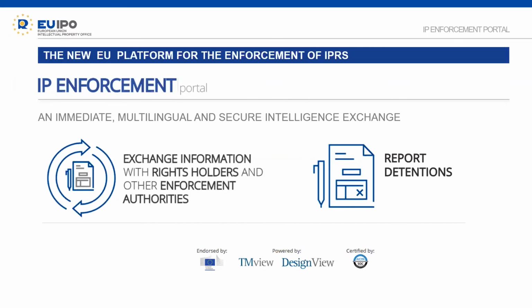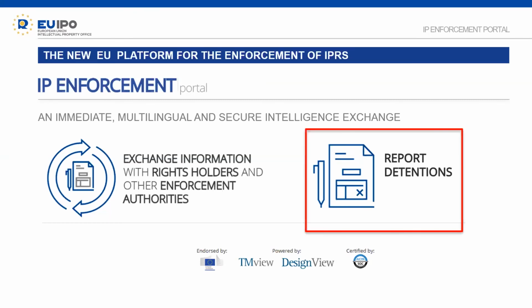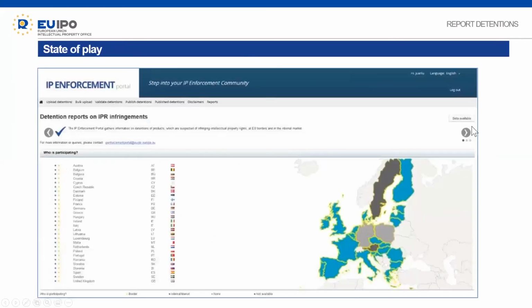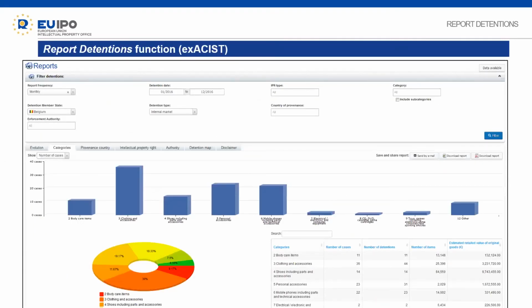The IP enforcement portal also contains another tool, which is the report detention tool. The report detention module can be accessed from the central IPEP view. There is a link to the report detentions, and it records detentions both at the EU border and of the internal market, and it can generate reports.